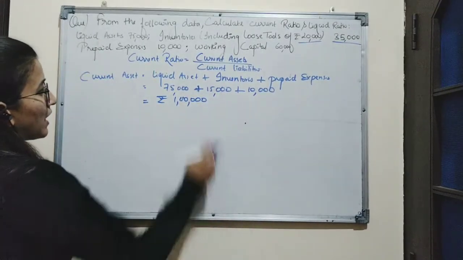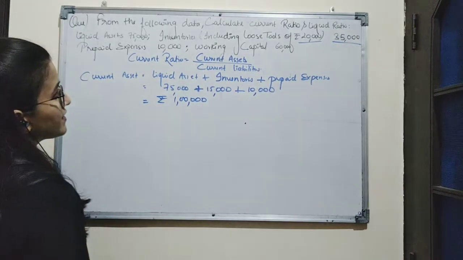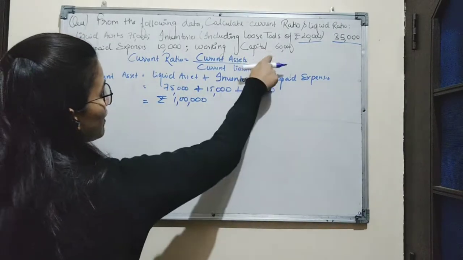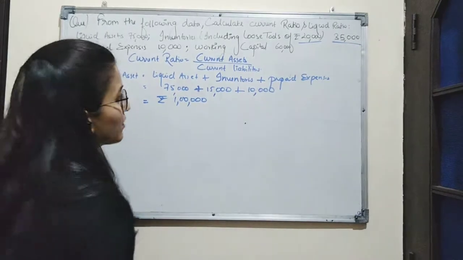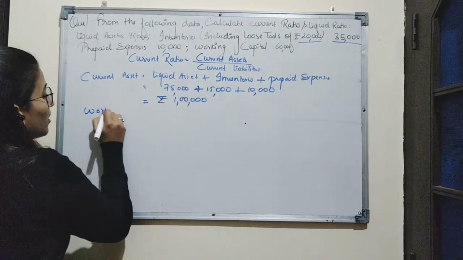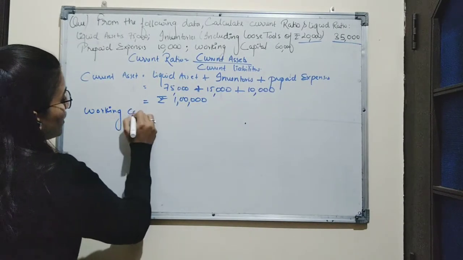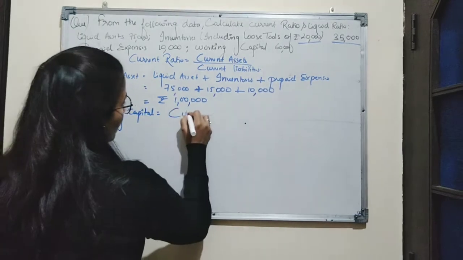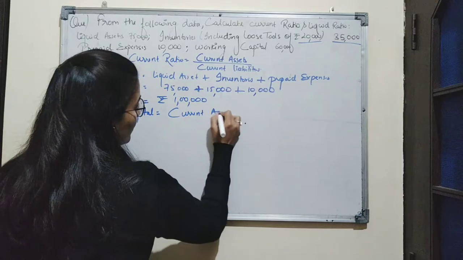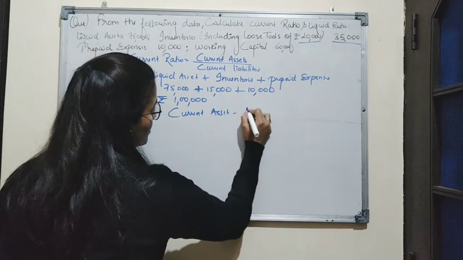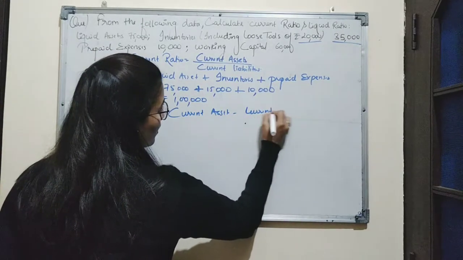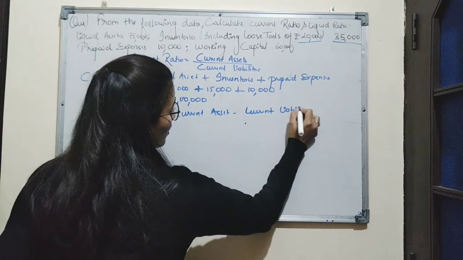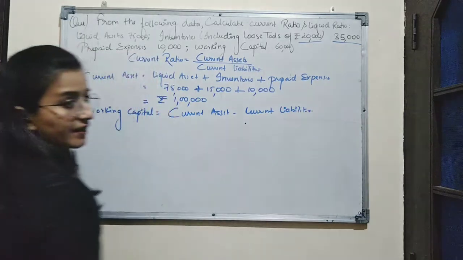Now next we have to calculate is current liabilities, and we know working capital has been given rupees 60,000. So applying the formula for calculating working capital, which is current asset minus current liabilities.